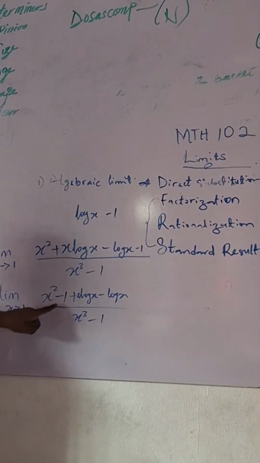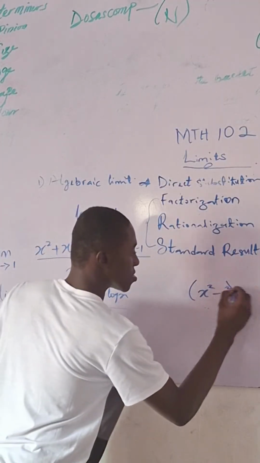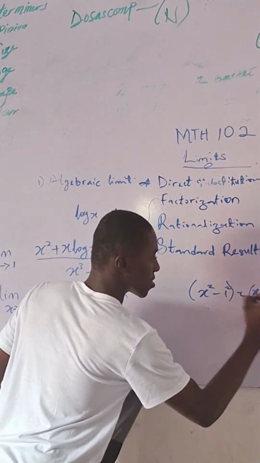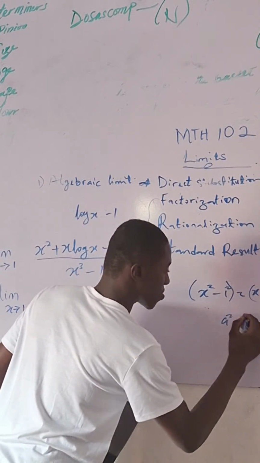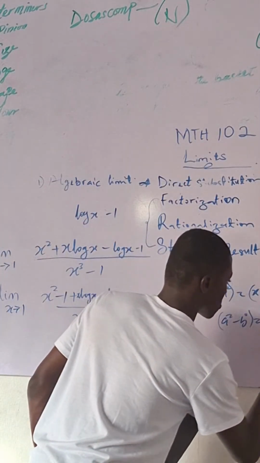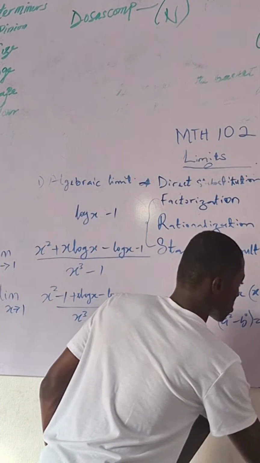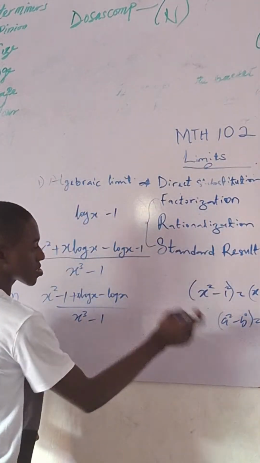How can I write this? I can write this as difference of two squares, that's x plus 1, x minus 1. In this case, A is x and B is 1.